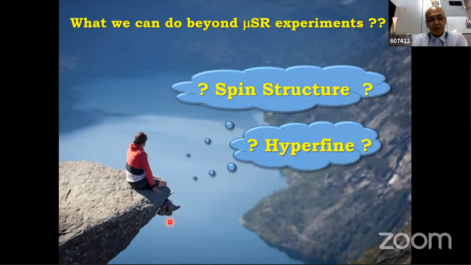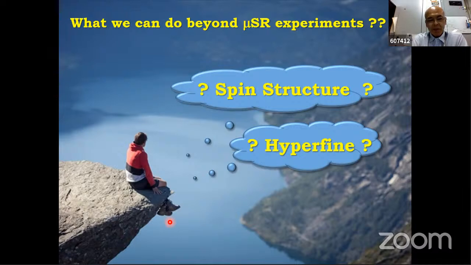Instead, MUSR can do this kind of measurement even with a small amount of powder sample. If we can discuss spin structure, we can expand our research areas much more than neutron science. In addition, there is the hyperfine interaction.